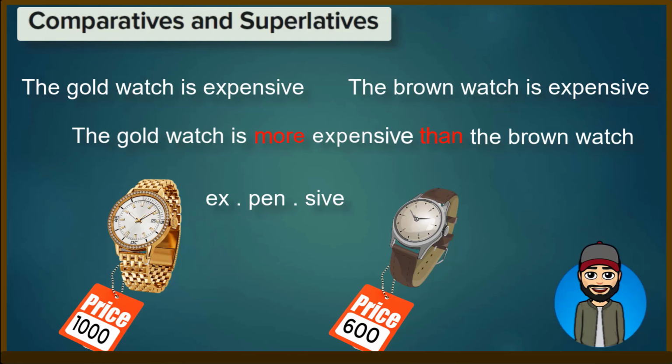For example, look at the word expensive. If you pronounce it, you'll say expensive. You see the air that comes out of your mouth, it stops. Now look at this example.